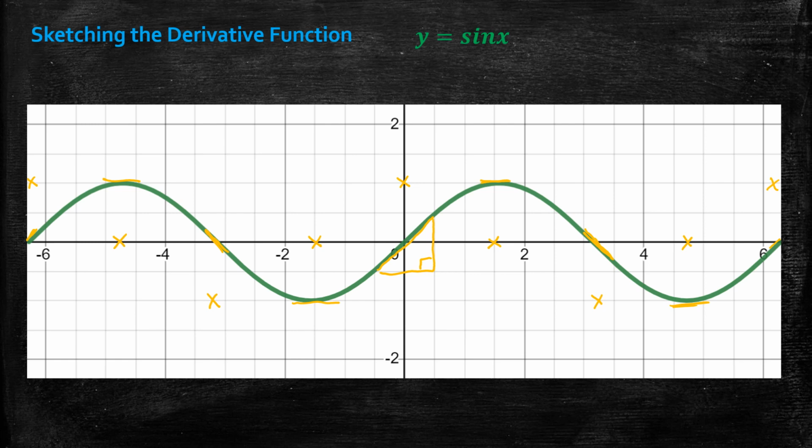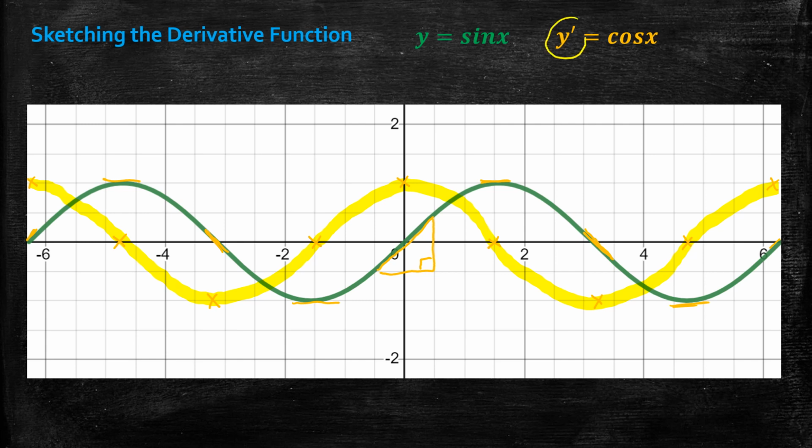And hopefully you see that as we connect the points, I'm not sure why I'm using yellow, but maybe it's because it's such an important result. As we connect the points, we see that a cosine graph is generated. So the derivative of sine x is indeed cosine x.